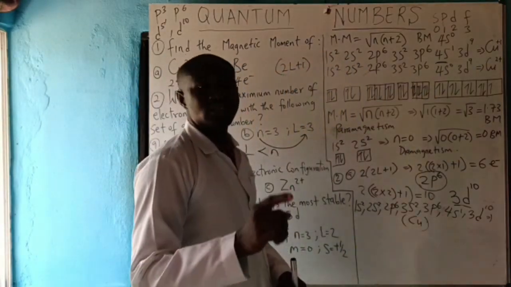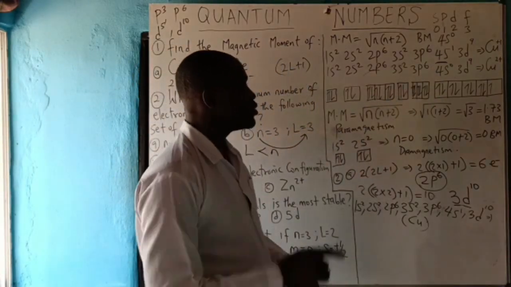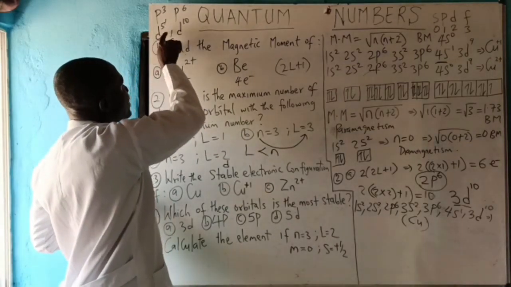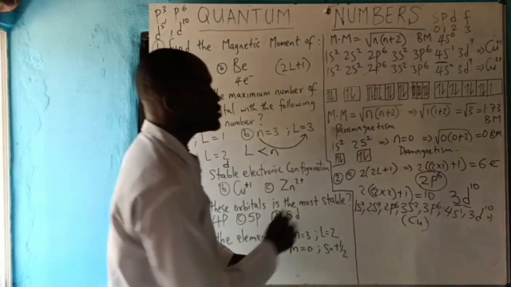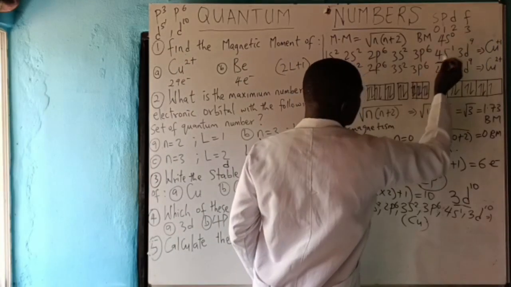But the question is, is this electron configuration stable? The answer is no. It has to obey the rule of p3, p6, d5, d10. And how can it obey it? This one electron will jump and enter here, making it 10.